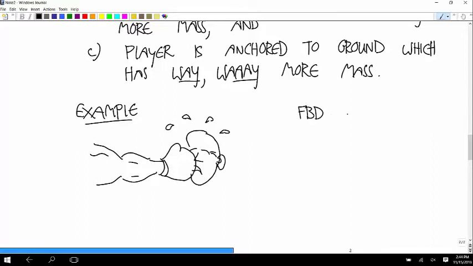Free body diagram of the face. I'm going to skip the connection at the neck and all that, because that's not what we're worried about. There's a force over here of, I don't know, let's say 5,000 newtons.